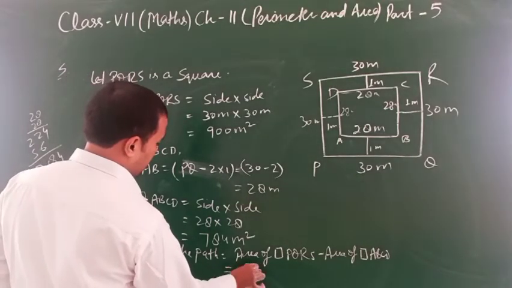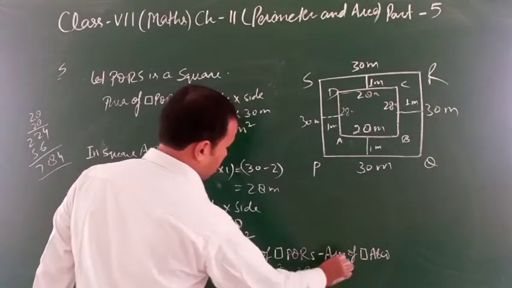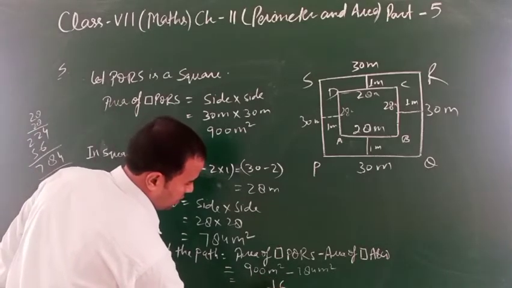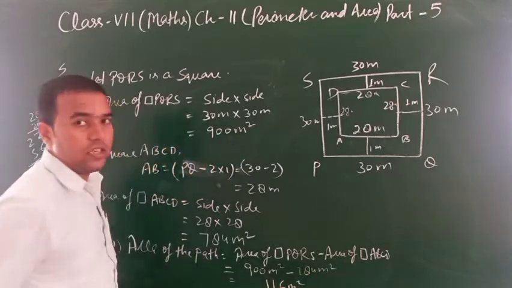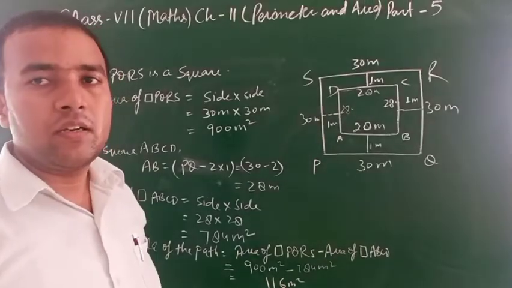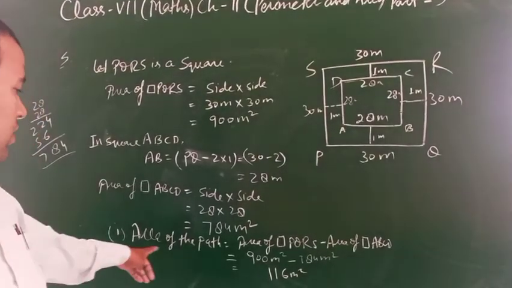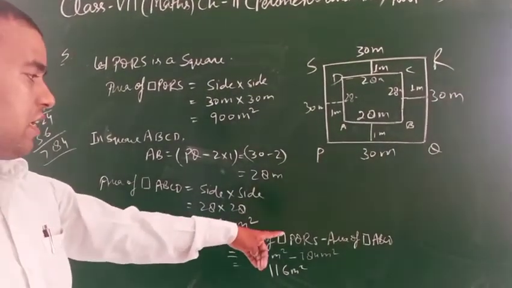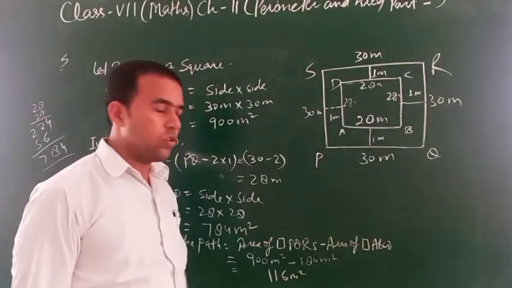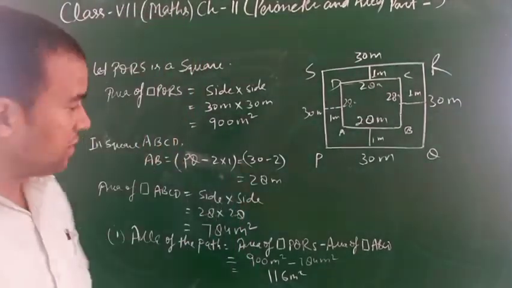PQRS means 900 minus 784, equal to 116. The area of the path is 116 meter square. Area of PQRS minus area of square ABCD, 900 meter square minus 784, equal to 116 meter square. Note down this.